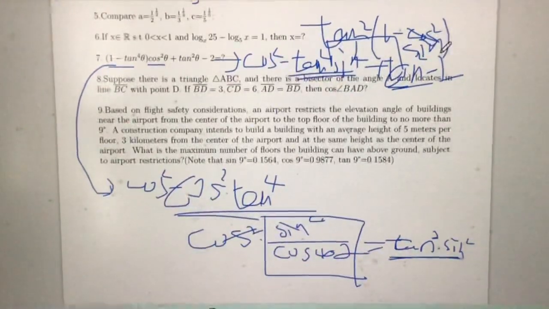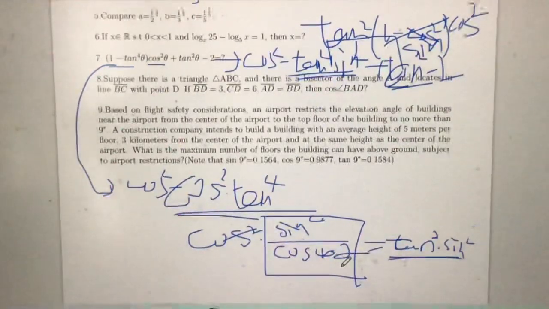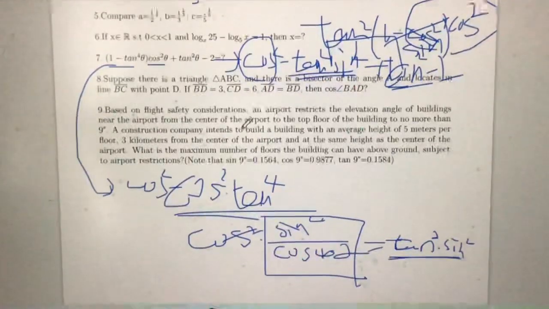One minus sine squared, and this guy will be, 1 minus sine squared is cosine squared. Right? And what is next? So we can see here's cosine squared here, and here is cosine squared here. So we can combine these two guys.